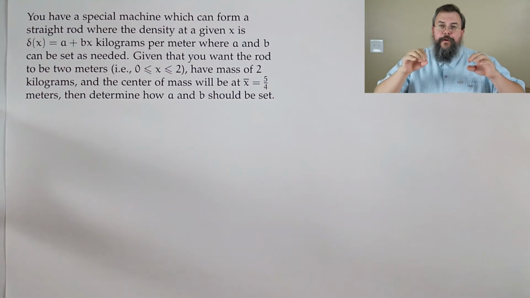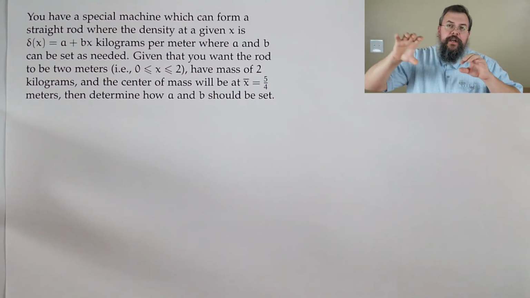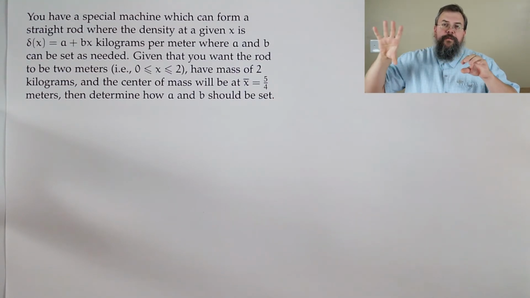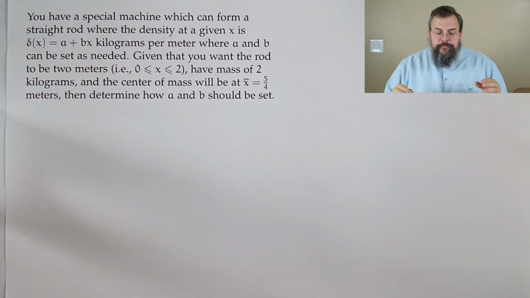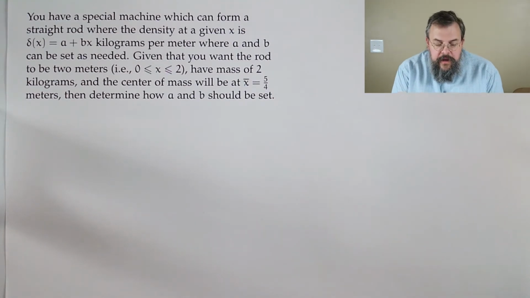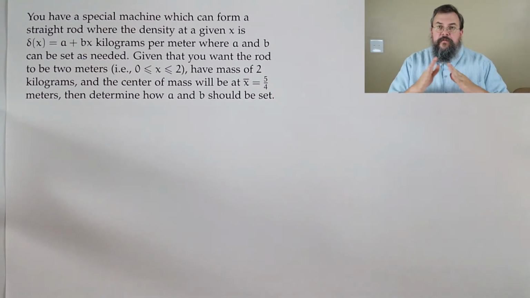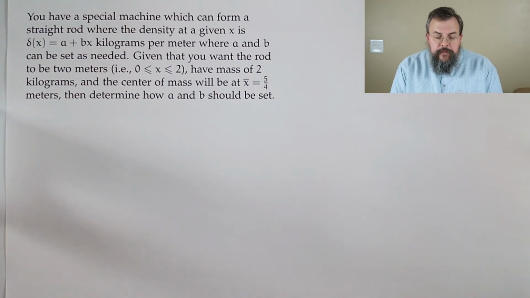They may say, look, we want to have uniform density, or maybe we want to have one end be really thick compared to the other end. Uniform density would be B equals 0. If B is large, then as you move from one end to the other, it gets a lot thicker. Given that you want the rod to be 2 meters long, have a mass of 2 kilograms, so we know our mass is set, and the center of mass needs to be at 5/4 meters, then determine how A and B should be set.